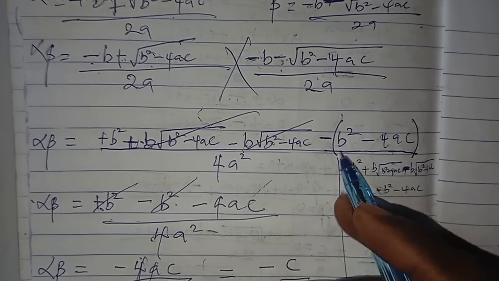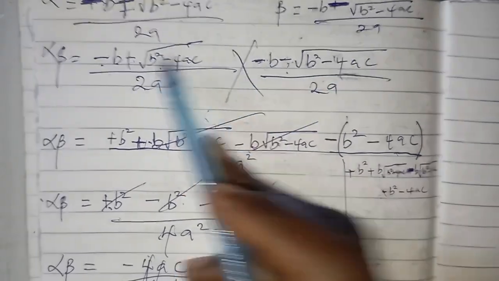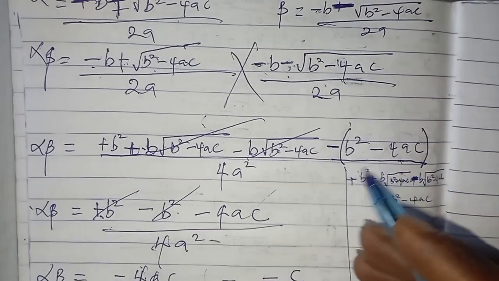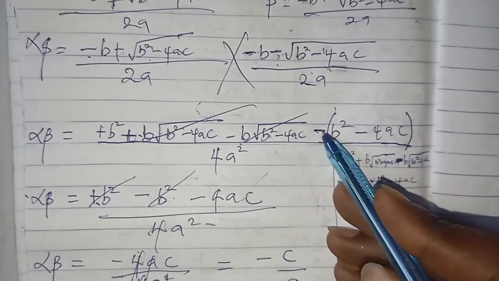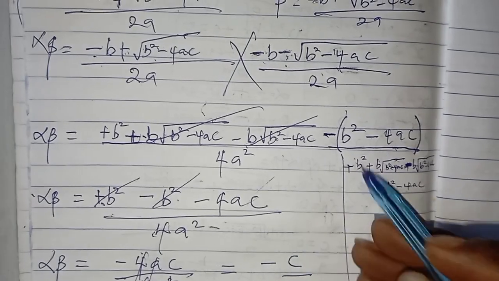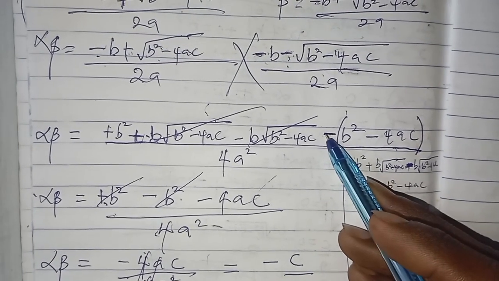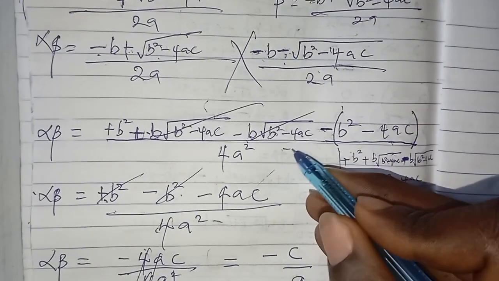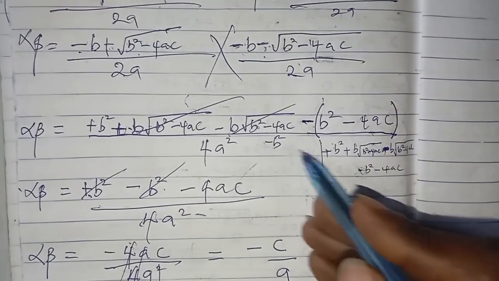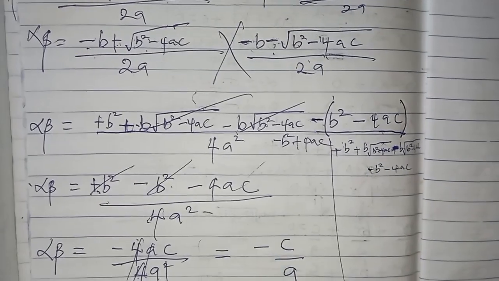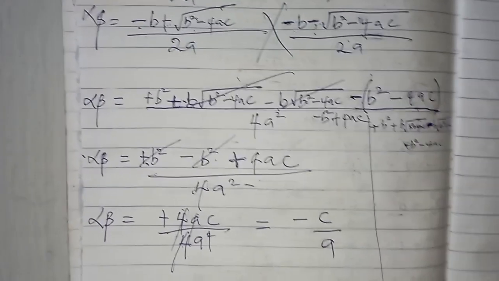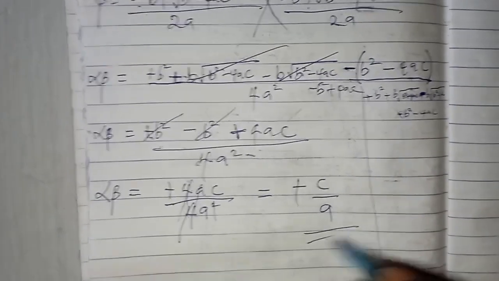And you see that, since they are timesing each other, the minus will dominate. So it's always good to pay attention, to be careful whenever what you have in front of your value is minus. You pay more attention. So you can see that on opening this up, this one will be minus. This will remain minus b square, but this one will change to plus 4ac. So that's why this is here. So this should have been plus. So you see that by the time you do it, that is how you get that.